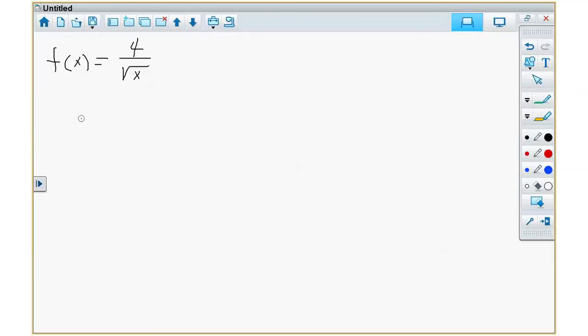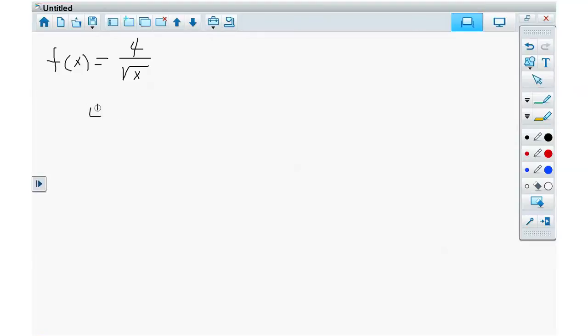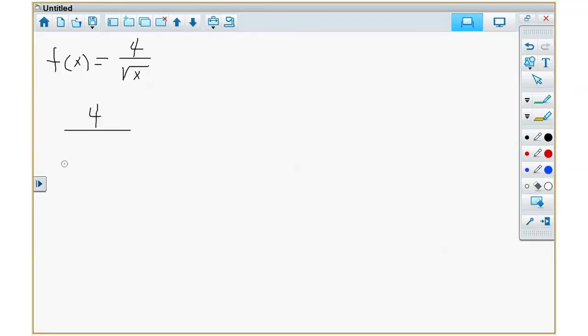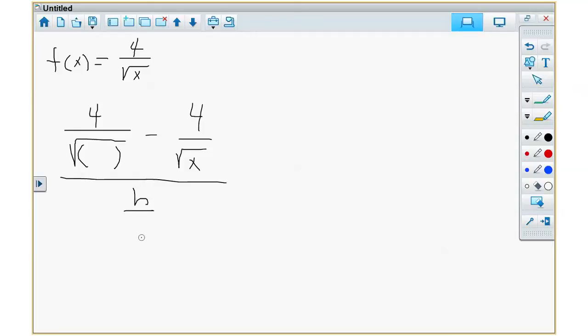So we're going to rewrite this: 4 over the square root of, big set of parentheses, minus 4 over the square root of x, because you just rewrite it, over h over 1. Now a lot of people say, why do you write h over 1?